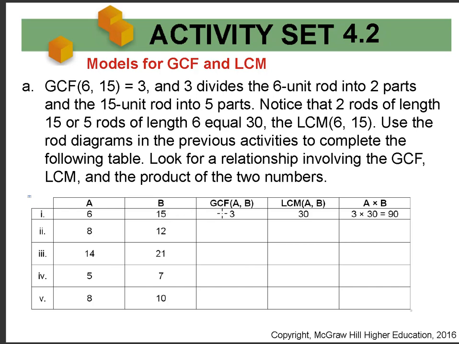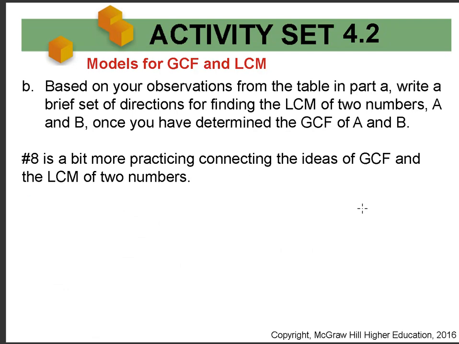And when I multiply 3 and 30, the greatest common factor and the least common multiple, I also get 90. So fill this table out and look for that relationship. It's a nice way to determine greatest common factors and least common multiples if you already have one of them. And then write a little directions on how that actually works out.